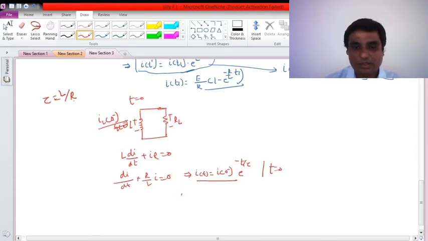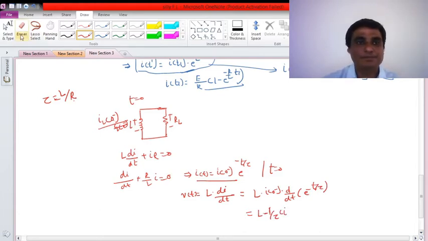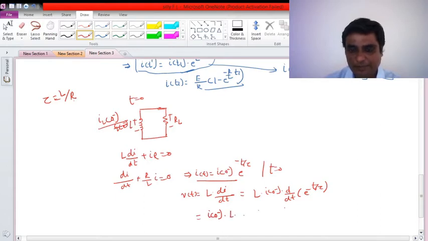Now if I want to find my V of t, the voltage across it, I can directly write L di by dt. This will be L times I of 0 negative times d by dt of e raised to minus t by tau, which is L times minus 1 by tau times I of 0 negative, the initial current, into e raised to minus t by tau.